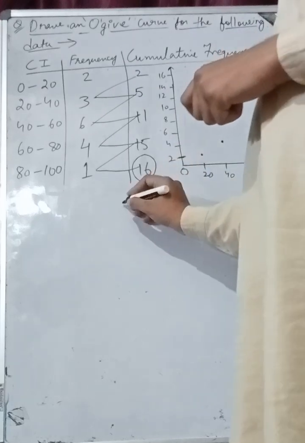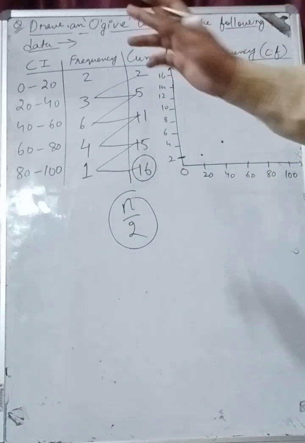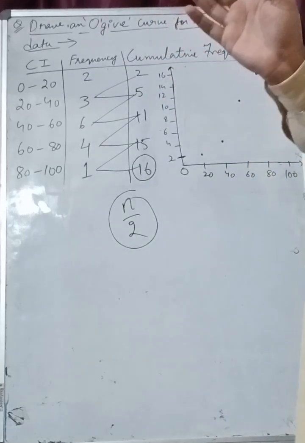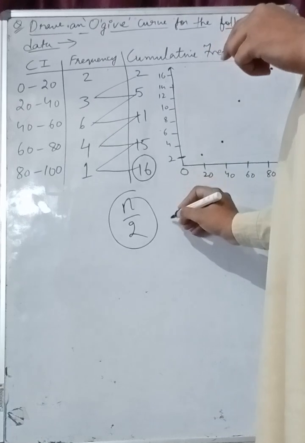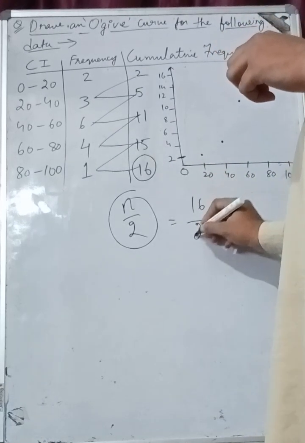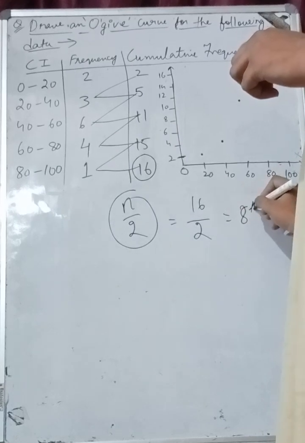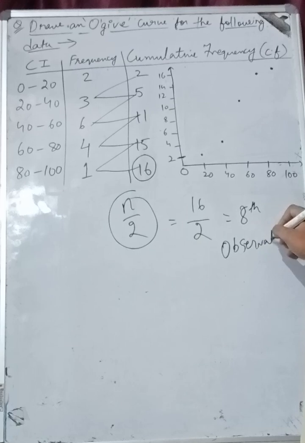You just have to apply the formula n upon 2. That's it, in case of a continuous series only, not a discrete series. N upon 2 means 16 upon 2, that is the 8th observation or 8th term.